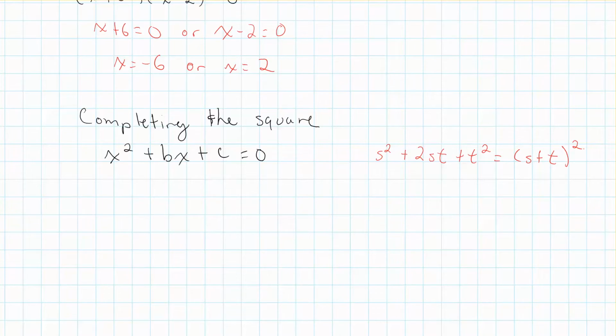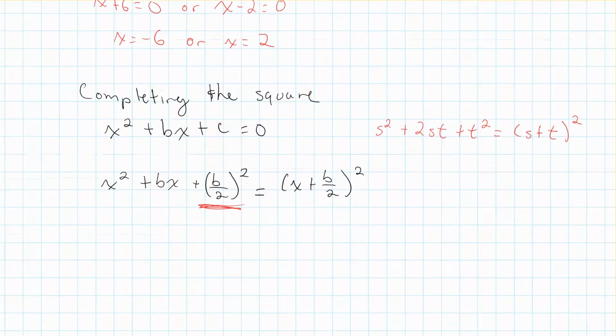So we're going to want to do the same thing here, but what we're going to do instead is with these x squared and bx's, you'll have the x squared plus bx, and then what we're going to want to have is plus b over 2 quantity squared is equal to x plus b over 2 quantity squared. So the important thing we're going to be using here with completing the square is this term b over 2 quantity squared. So let's look at an example here of completing the square.